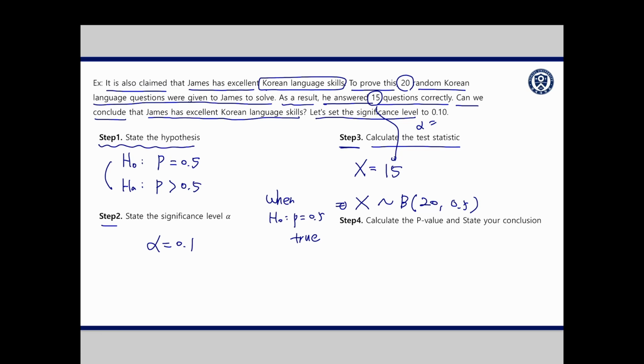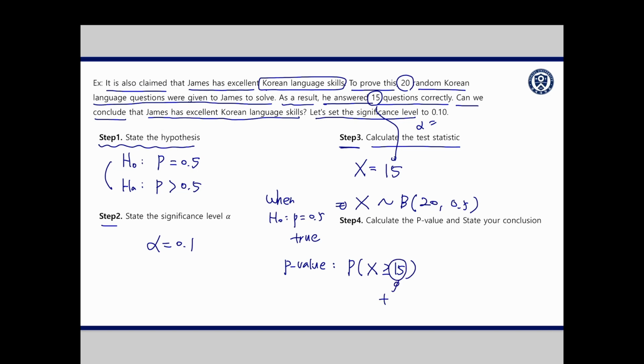Therefore, the p-value, representing the probability of rejecting the null hypothesis, is the probability of x greater than 50.